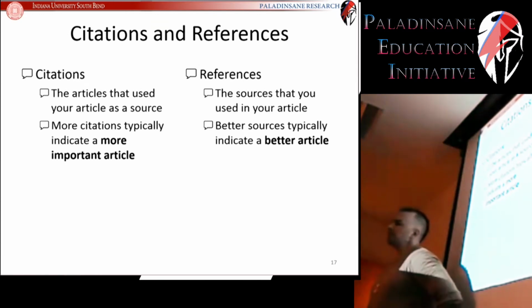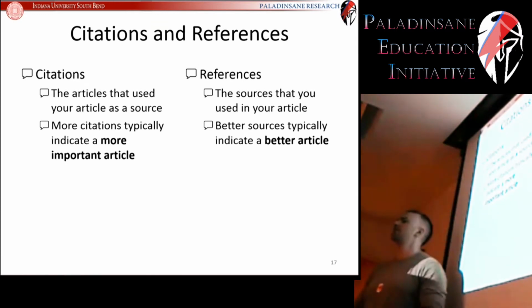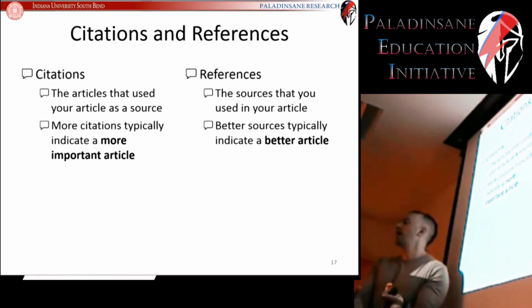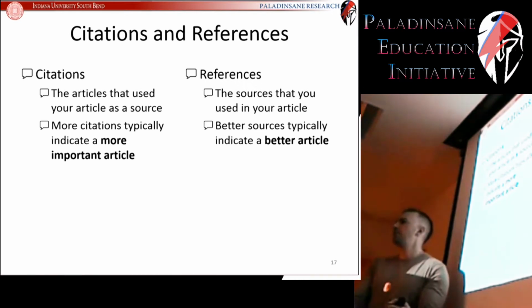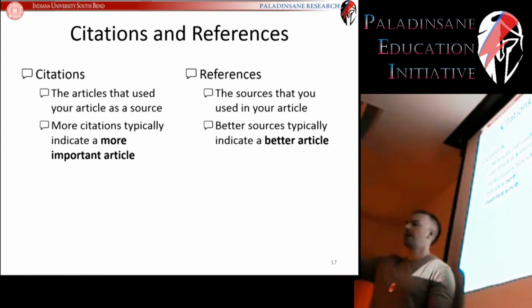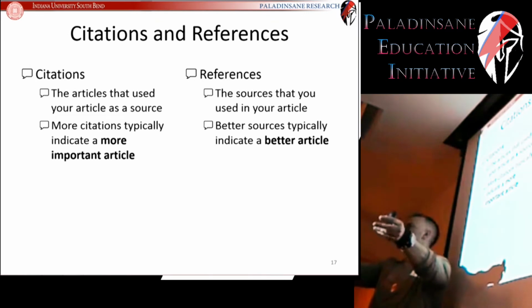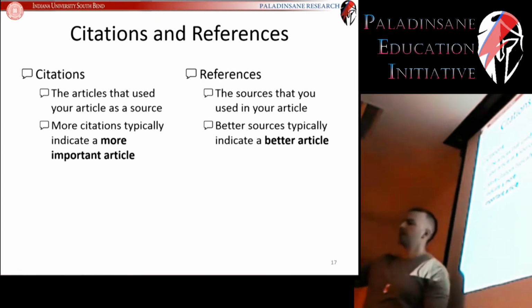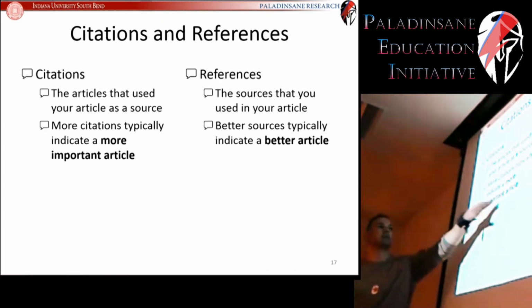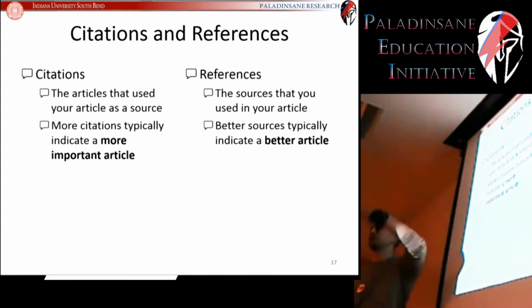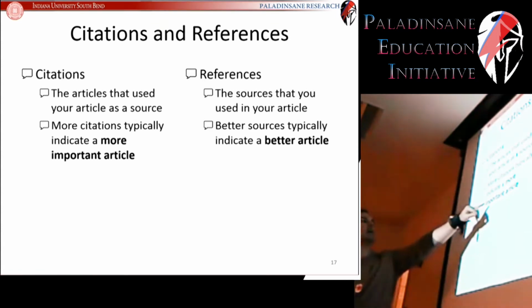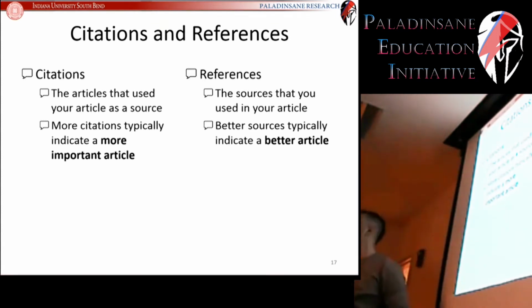Usually it's better, but sometimes controversial articles that are not very good will get highly cited just because people cite them to say, this article was horrible, Smith and Smith, 1942 or something like that. But usually it means that it's a very important article.